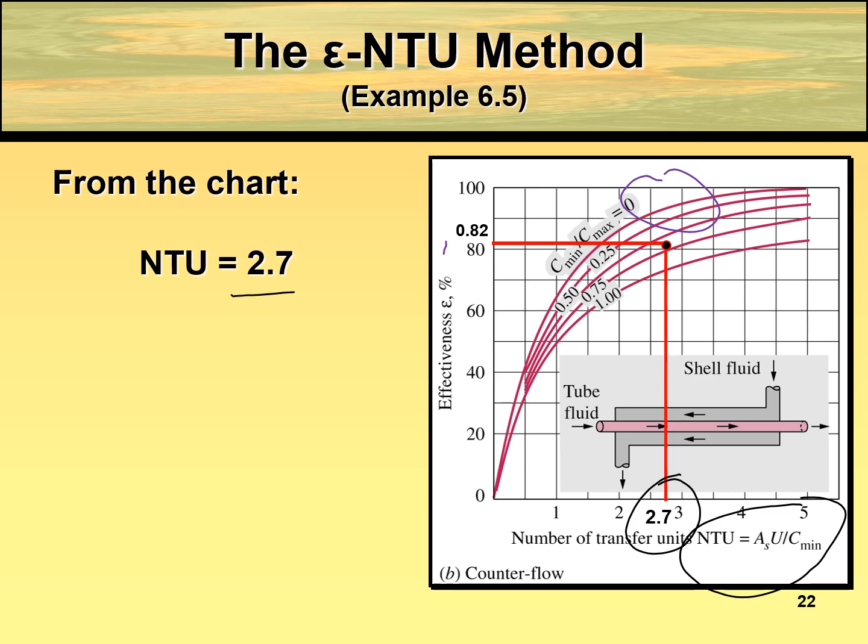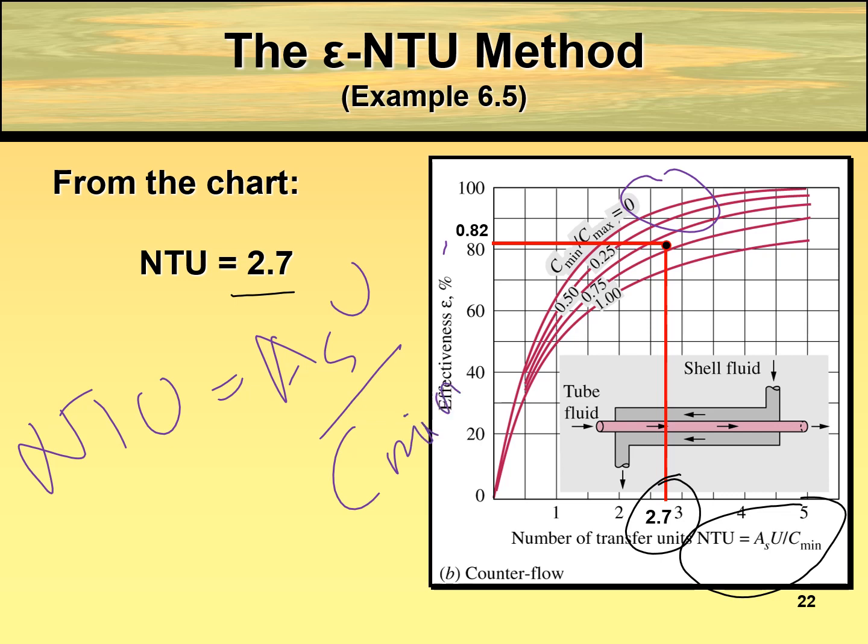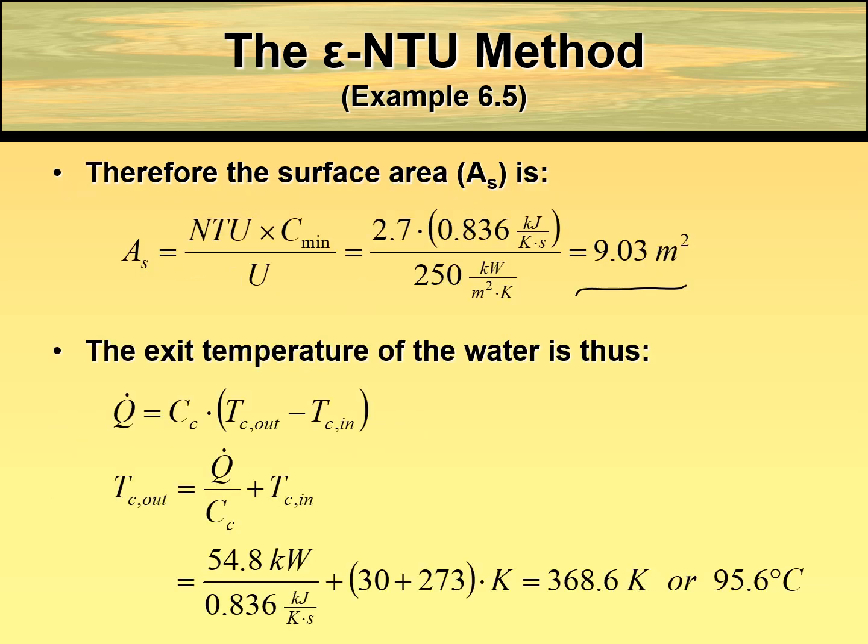The NTU is 2.7, where NTU is equal to A_s U divided by C minimum. So A_s can be defined from that equation, which gives you 9.03. So you can estimate the sizing for the concentric tube.